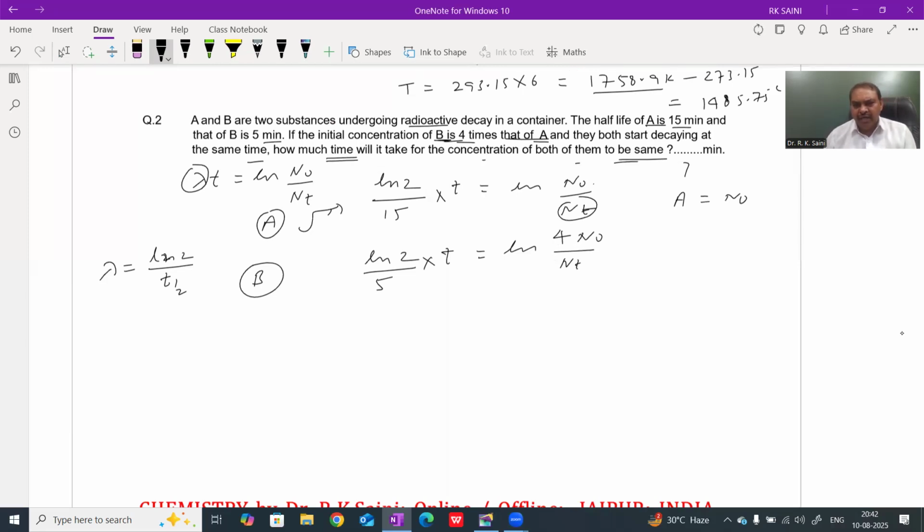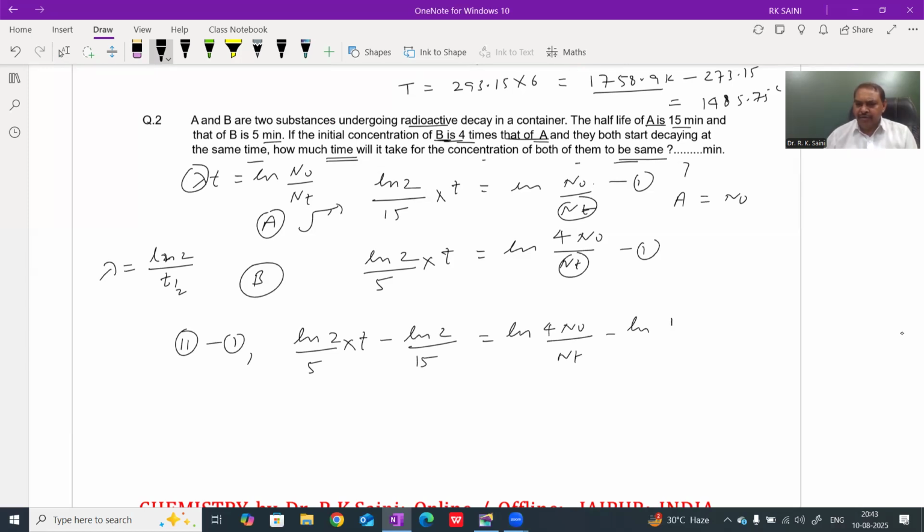It means Nt is equal. Equation 1 and equation number 2. From equation 2, we subtract equation 1. Then ln2 upon 5 into t minus ln2 upon 15 into t equals ln 4 N naught upon Nt minus ln N naught upon Nt.